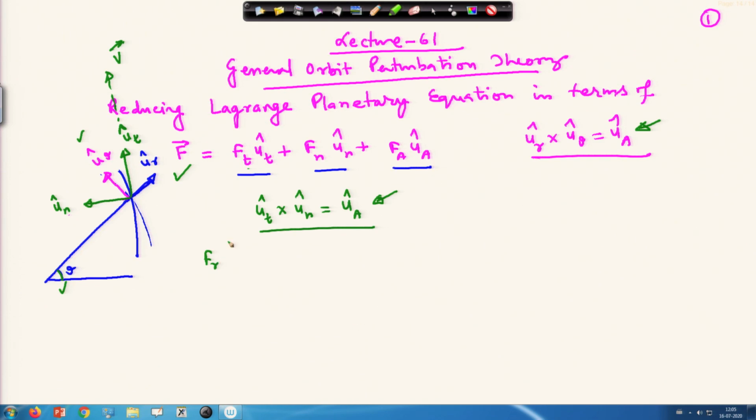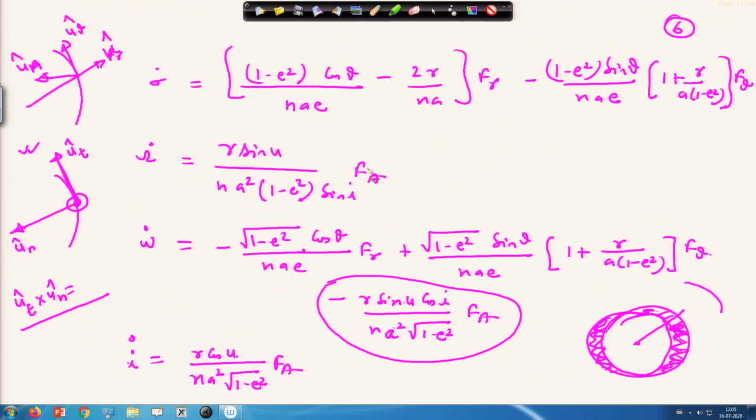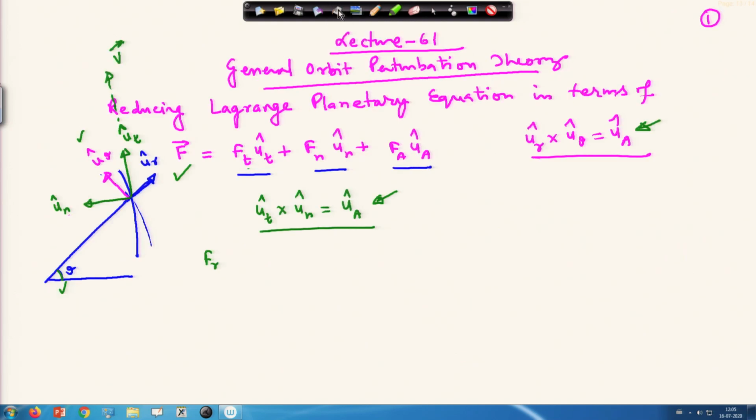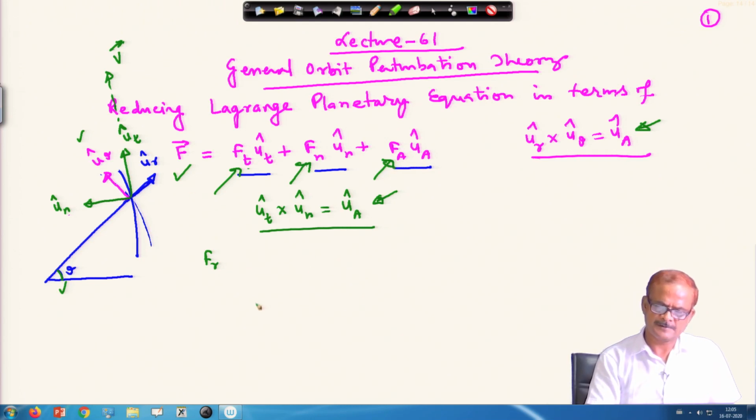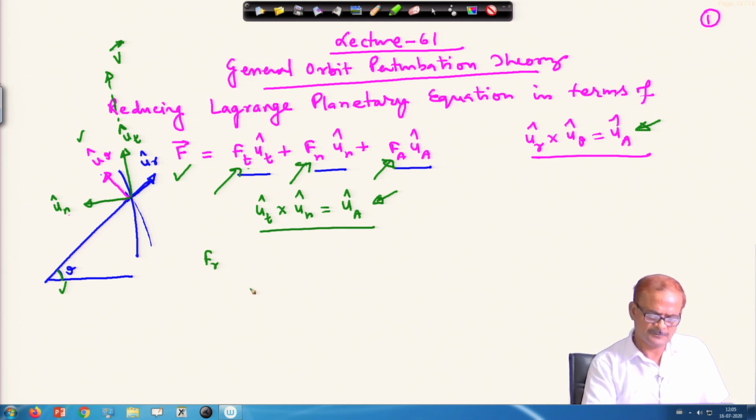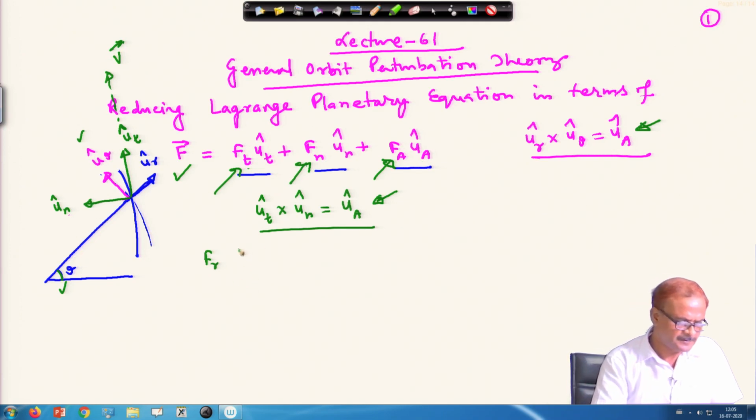What we require is that this quantity should be available in all these places if we replace in terms of f t, f n and f a. So, the Lagrange planetary equation which was reduced in terms of f theta, f r and f a will now get reduced in terms of f t, f n and f a, and this is pretty simple. Not much work is required.